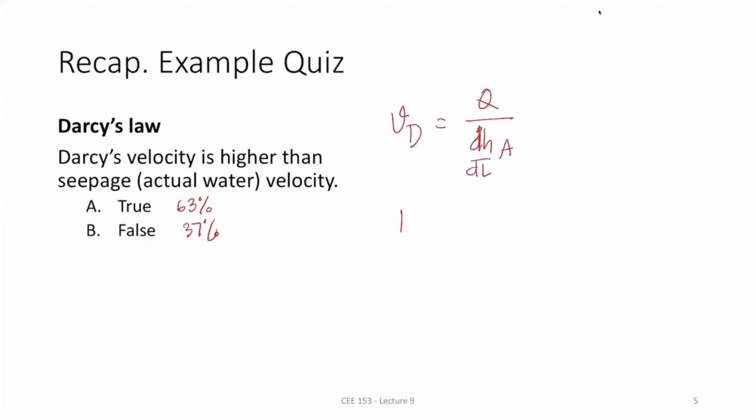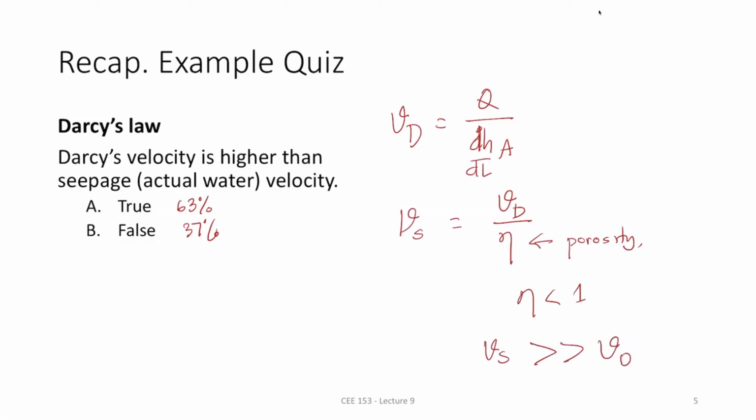And if you think of what the seepage velocity is, that's basically the actual water velocity. That's Darcy's velocity divided by porosity. And porosity is always less than 1. So that means this velocity would always be greater than Darcy's velocity. So Darcy's velocity has to be smaller than the seepage velocity. So the right answer is that the statement is false.